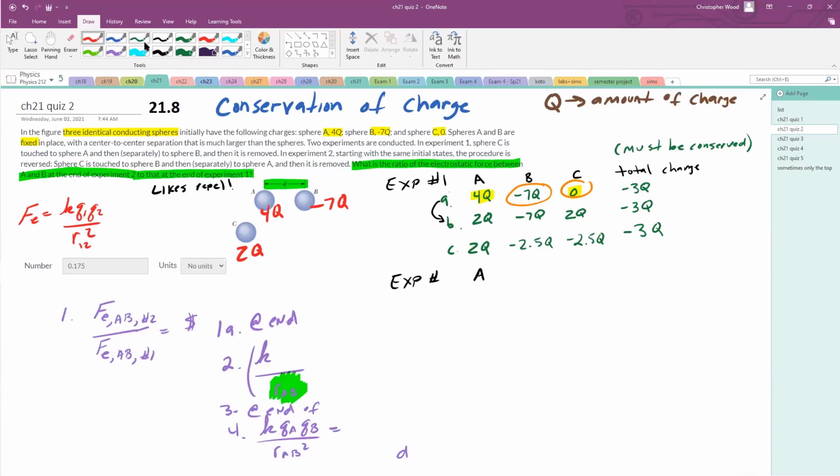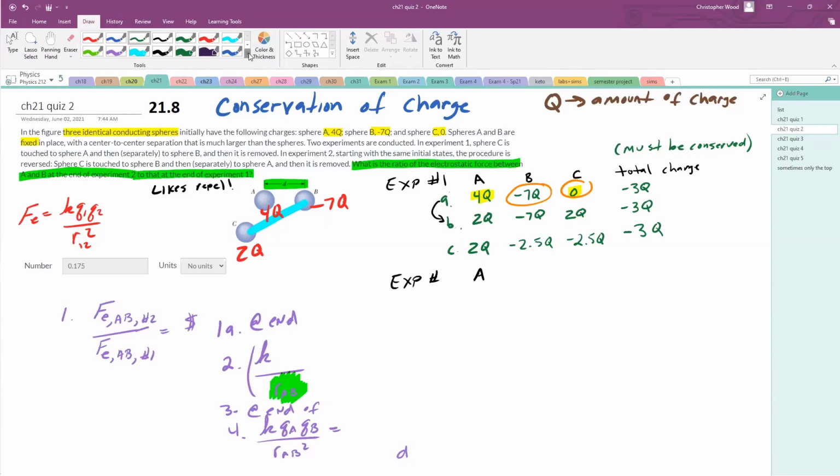So then the next part of experiment 1 was touching C and B together. So now these two are brought together. C and B are brought into contact with each other. So what these charges are going to do, again, these charges want to go to equilibrium as much as possible.